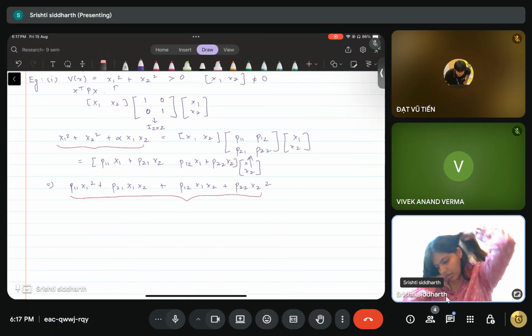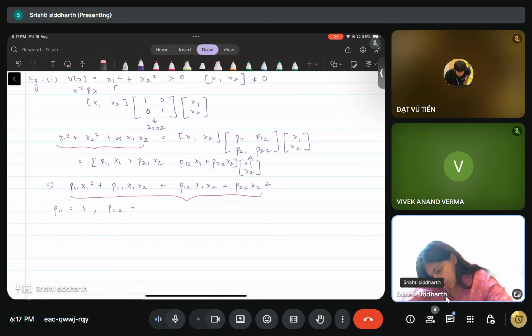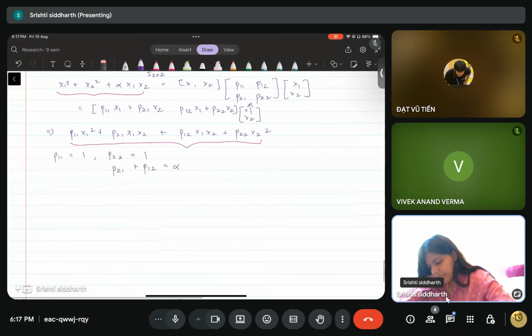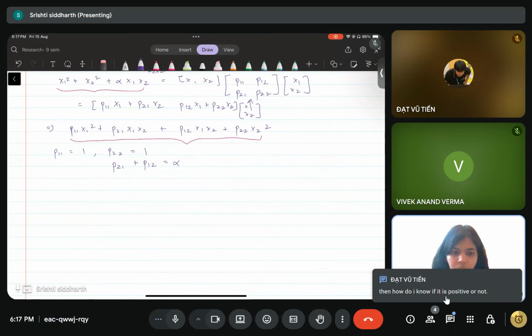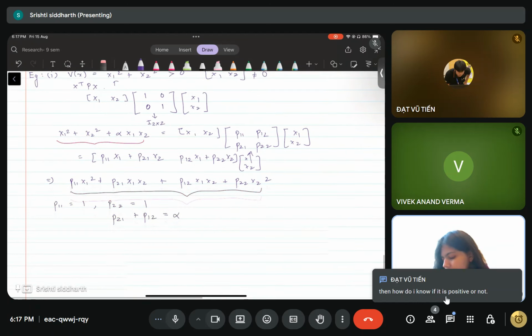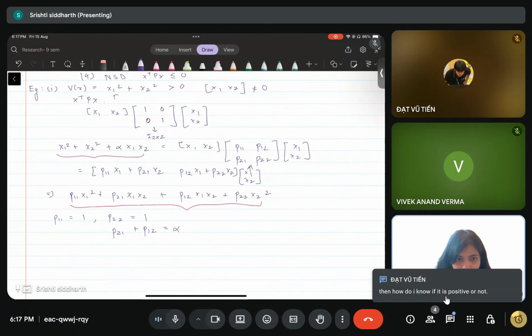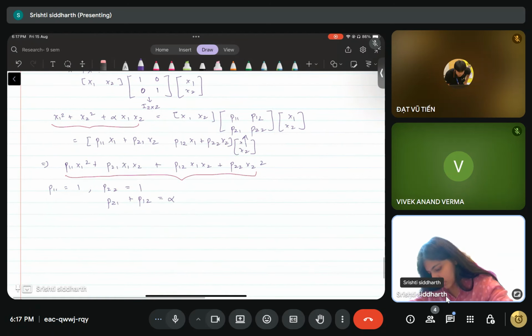Alright, so let's see if we can do this. p11 is simply 1, p22 is 1. Then we have p21 plus p12 equals alpha. It might not be positive, so that depends on this.